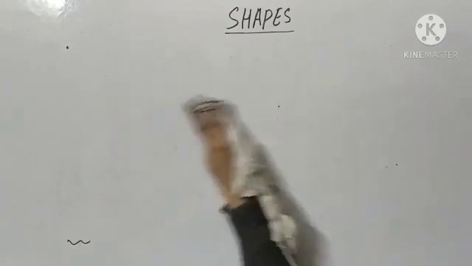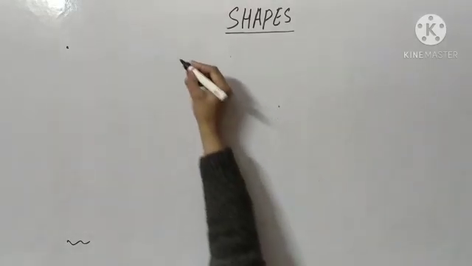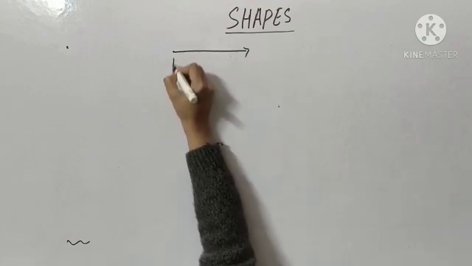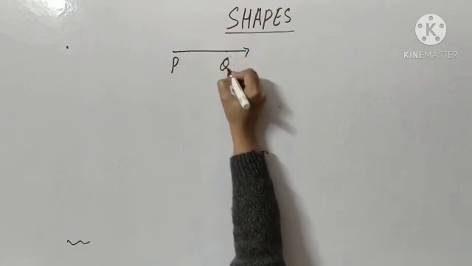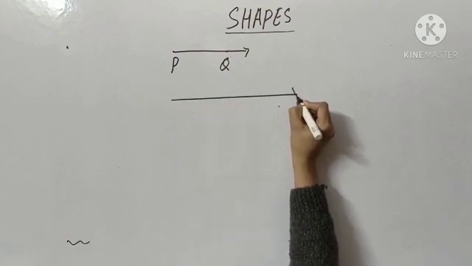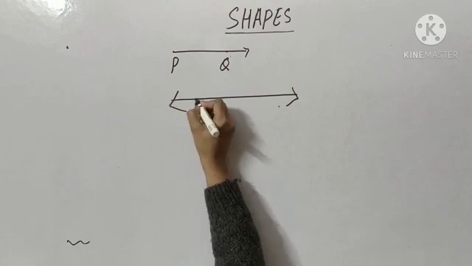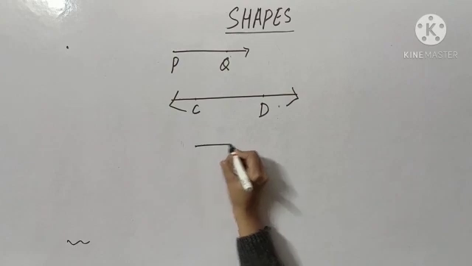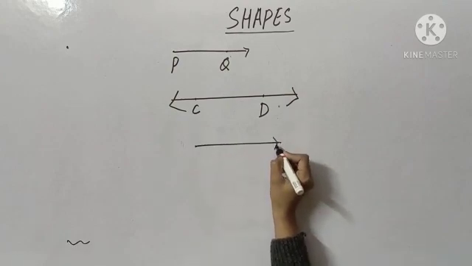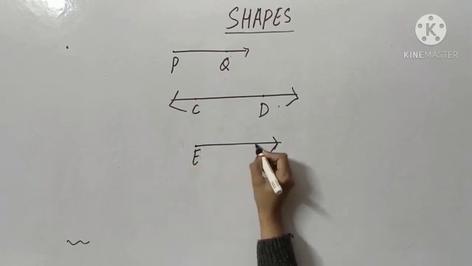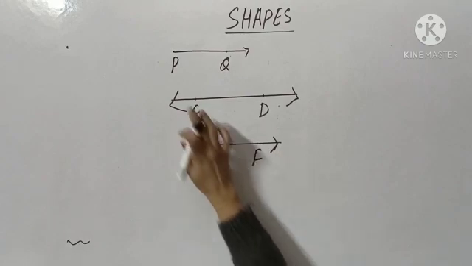So how you will identify if all the three are given together? See beta. What is this?